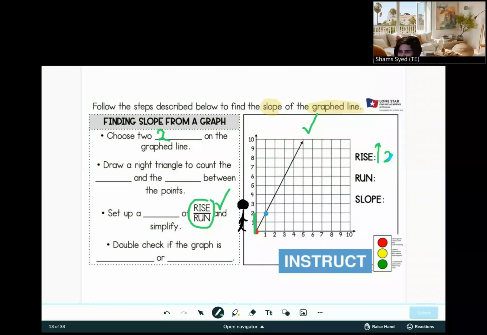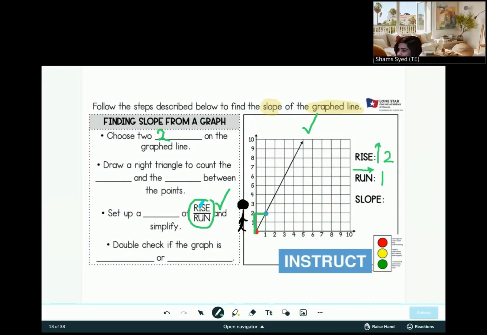Running is this direction, towards the right. Now the stick figure is going to go right. How many blocks does the stick figure go right? Regina says only 1. Bryson says 1. Jubilee says 1. At least in this particular case, the red and blue, we can say 1. Yes, all right, 1. So what is slope? Rise over run.